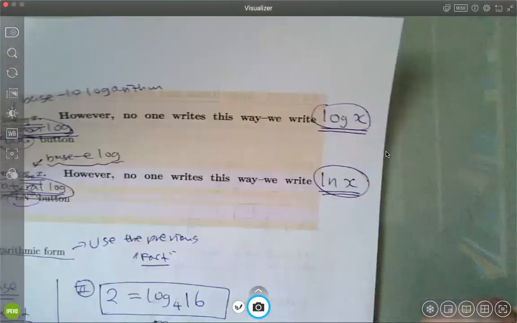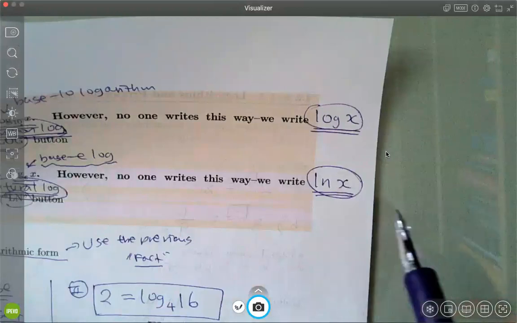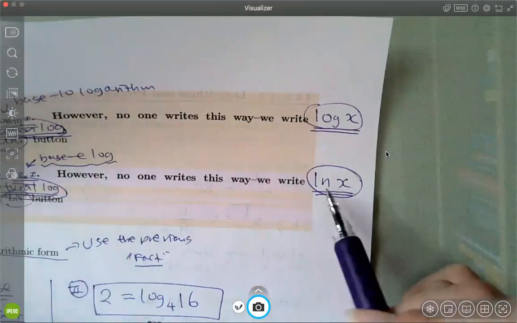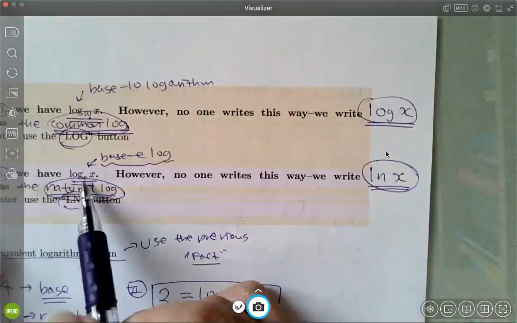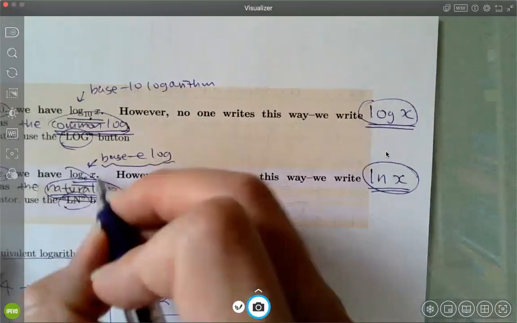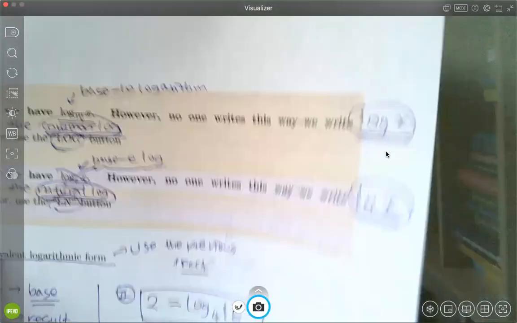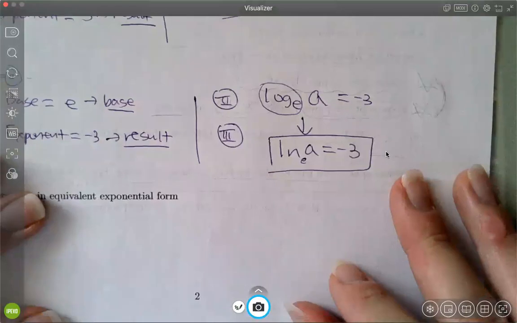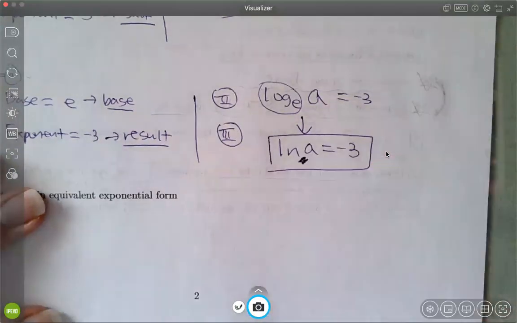No. Whenever you write ln, either write ln or just write log sub e, but try to avoid log sub e. Use ln. So yes, this is an understandable mistake, but this is wrong. It's just ln A equals negative 3.